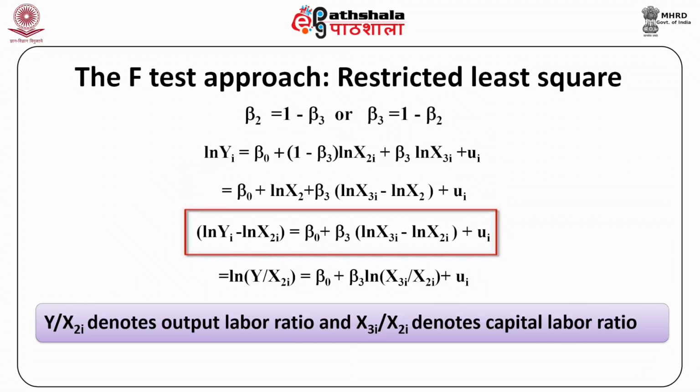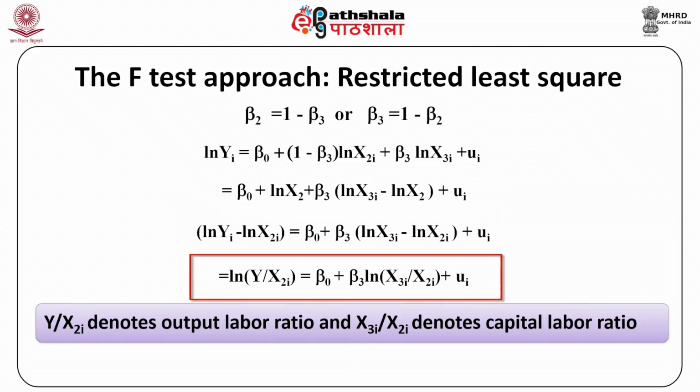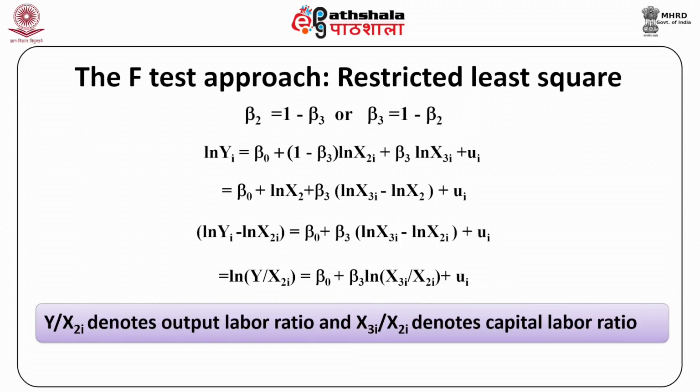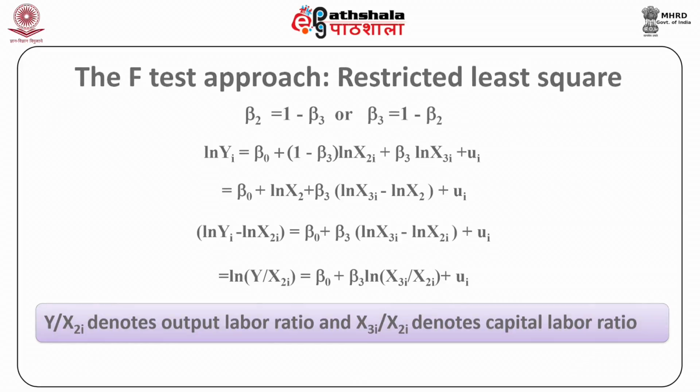Ln yi minus ln x2i is equal to beta 0 plus beta 3 bracket open ln x3i minus ln x2i bracket close plus mu i, or ln y divided by x2i is equal to beta 0 plus beta 3 ln x3i divided by x2i plus mu i. Here y divided by x2i denotes the output labor ratio and x3i divided by x2i denotes the capital labor ratio. For the validity of the restriction, we use the F-test.